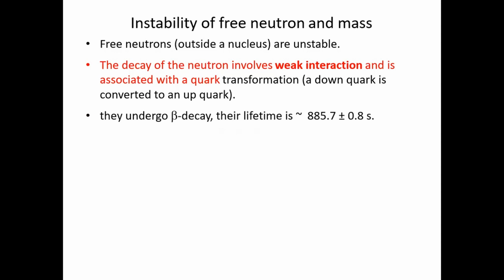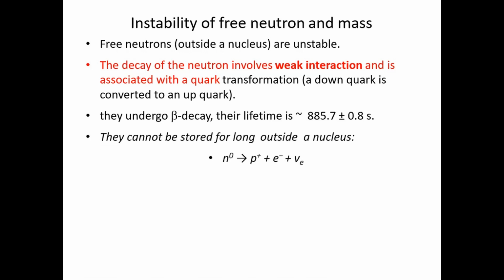The beta decay in this regard creates approximately a lifetime of 885.7 seconds with plus minus of 0.8 seconds. So it's roughly 885 seconds that a free neutron can live without nucleus.